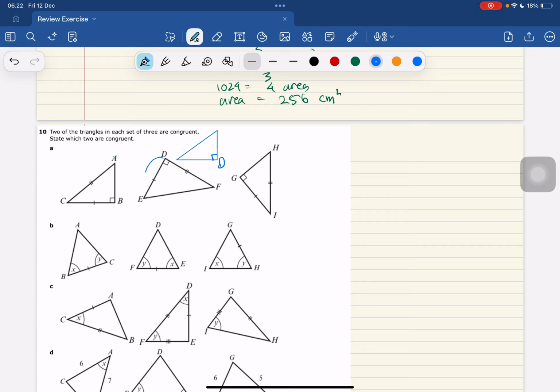We move it like this and flip. Yes, we flip this F. This is not congruent with this, so let's flip here. Okay, G.